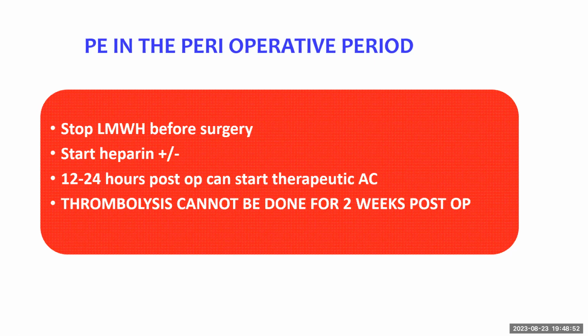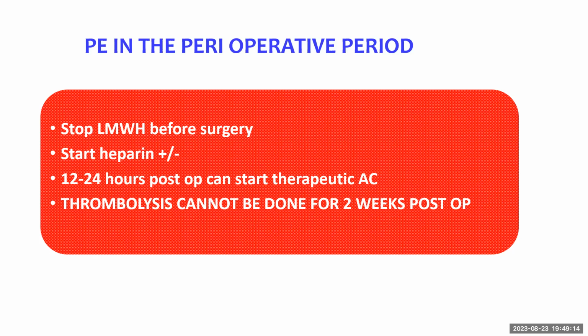Now, PE in the perioperative period. Surgical patients are predisposed to thrombi, and you have to stop low molecular weight heparin before surgery if they develop DVT or pulmonary embolism before surgery, and start heparin.